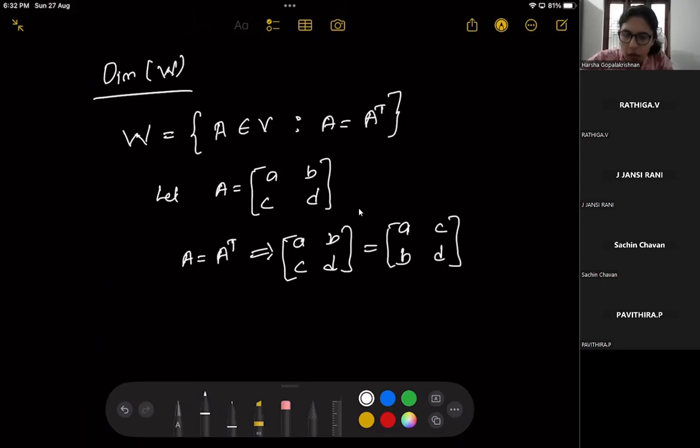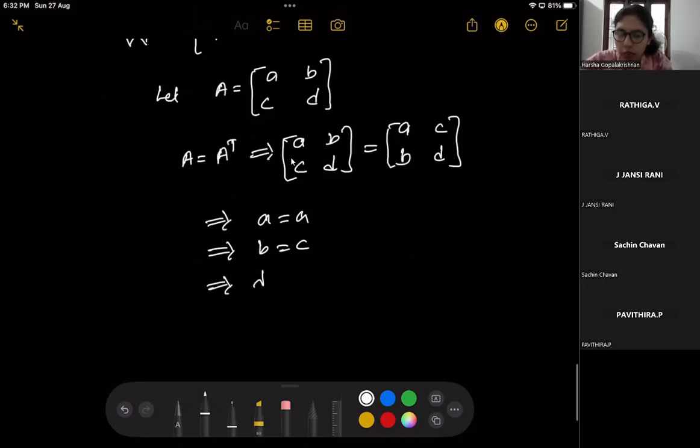Now, from here, what can we say? A equals A, which is obviously true. And here B equal to C and C equal to B. So the second condition is B equal to C. And the last entry D equal to D.